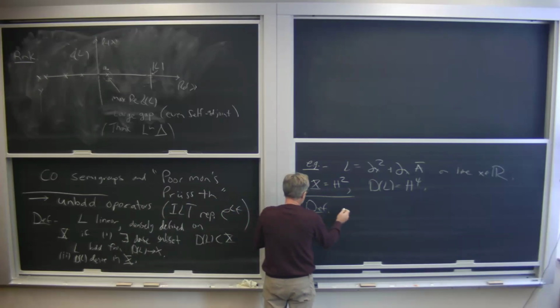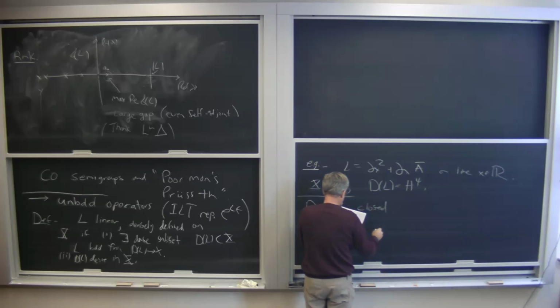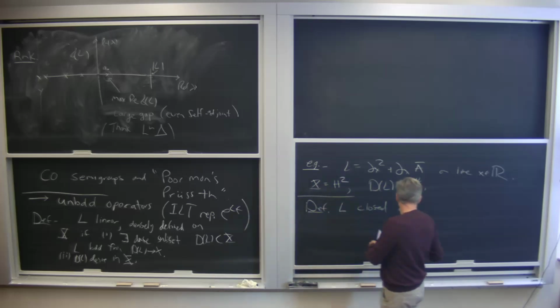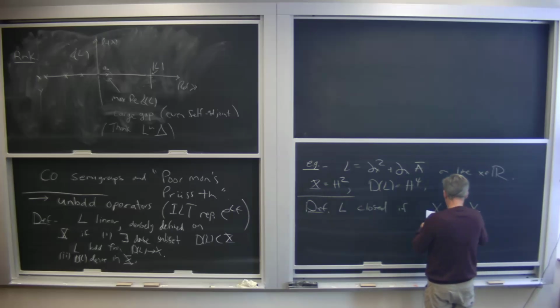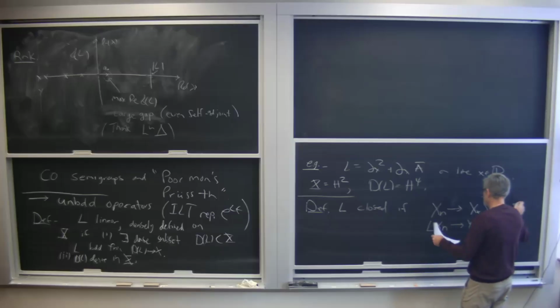Okay, and then L is closed if Xn approaches X star and L Xn approaches Y star, and these are both in X norm.